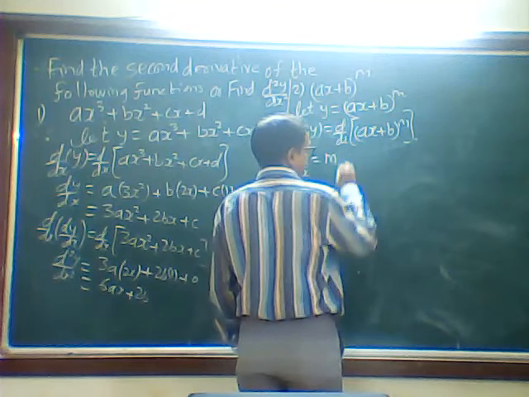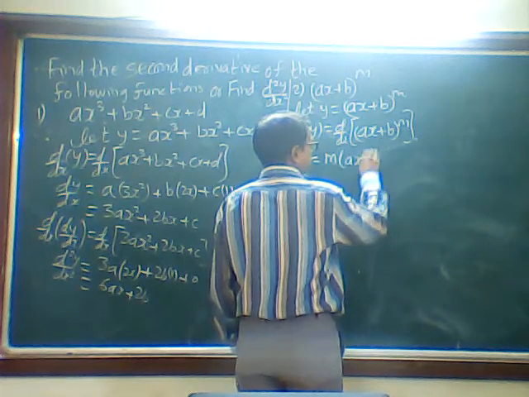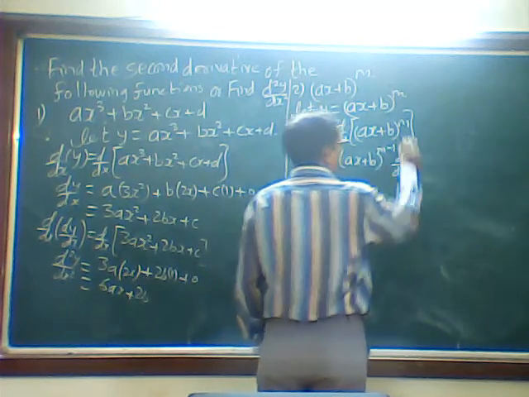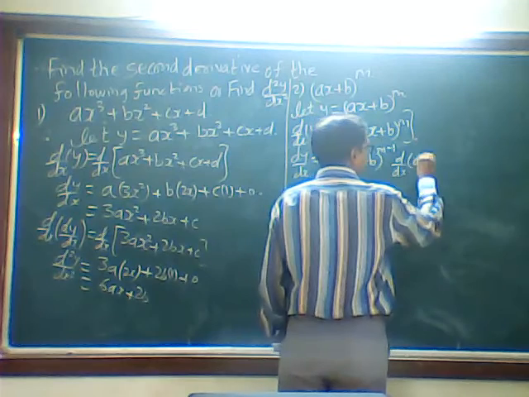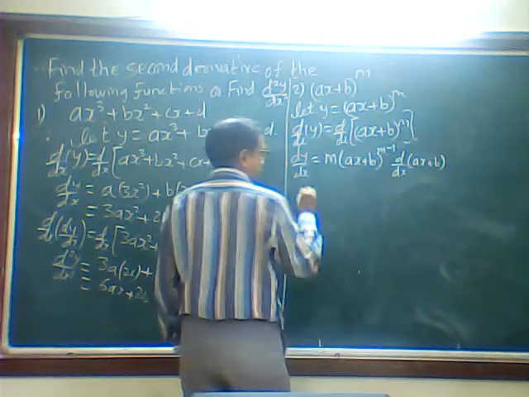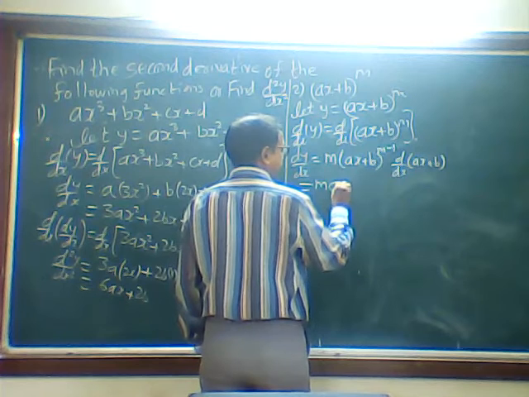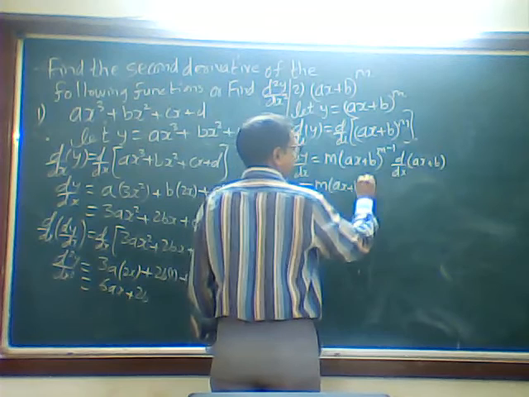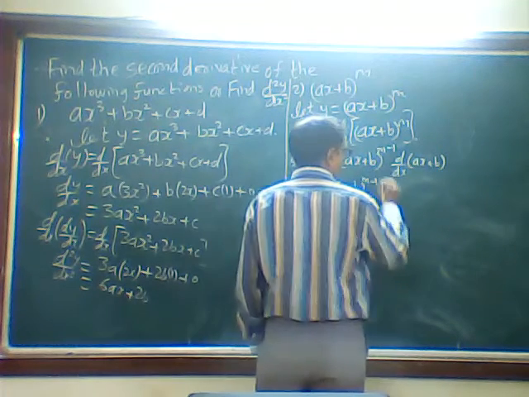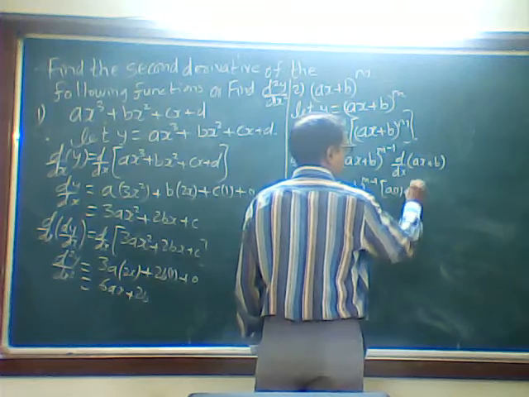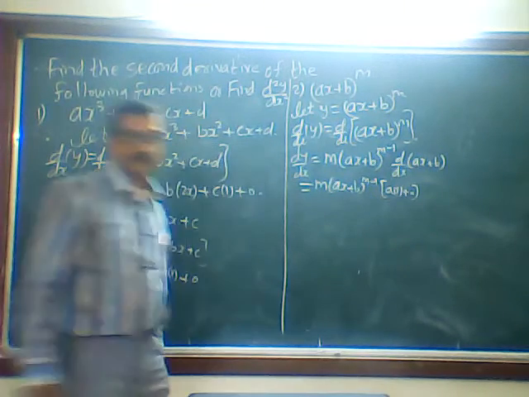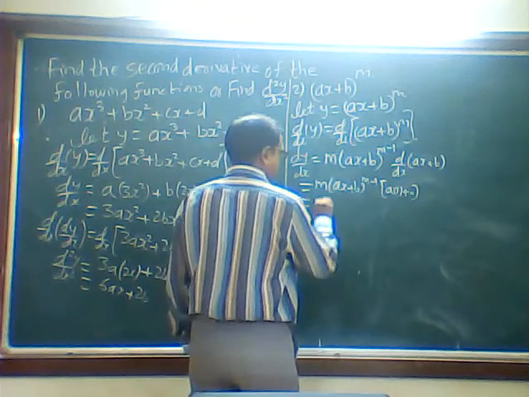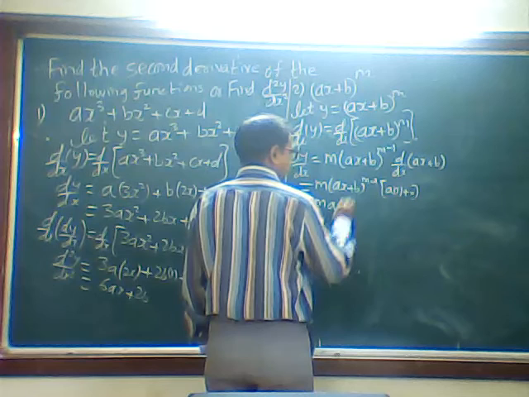What is x here? ax plus b. So m times ax plus b raised to m minus 1, into d by dx of what is inside, d by dx of ax plus b. d by dx of ax is a into 1, plus b is a constant, so 0. So it will become m a times ax plus b raised to m minus 1.